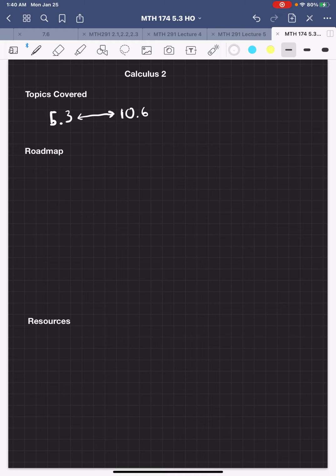So right now you are in Calc 2, which is Math 264. Depending on your major, and we can chat about that later, if you are in, say, engineering, hopefully this semester, while you're taking Calculus 2 with me, you are also taking linear algebra, which is, I believe, Math 266, if I'm not mistaken.